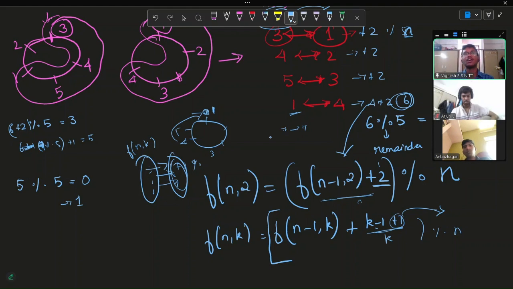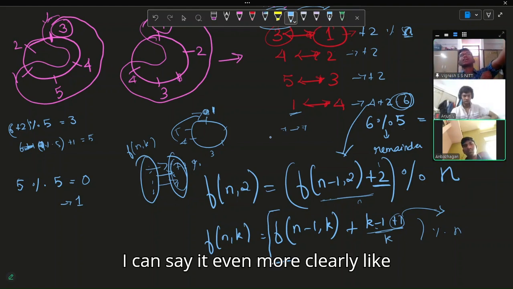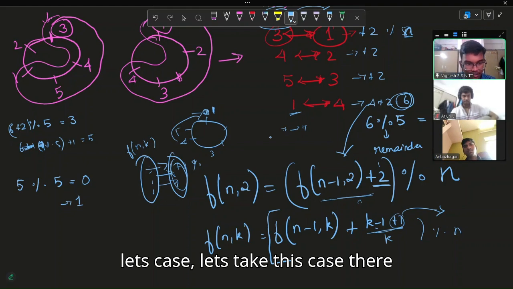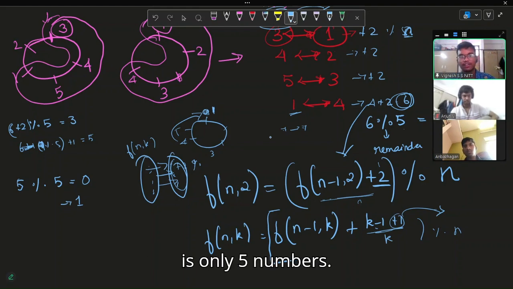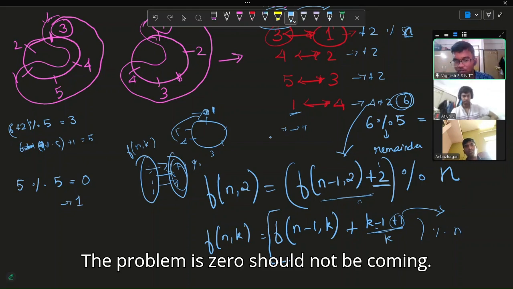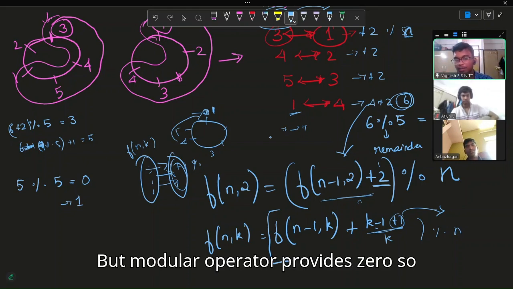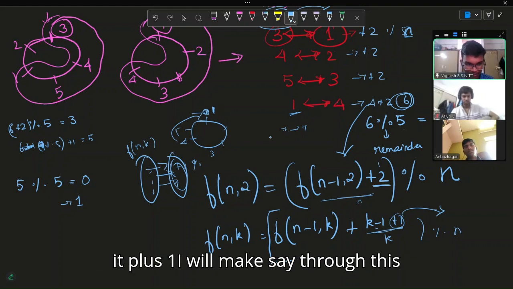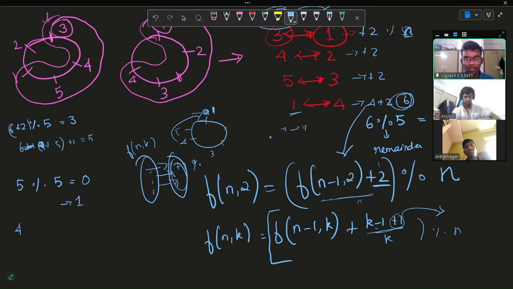I can say it even more clearly. Let's take this case. There are only 5 numbers. The problem is 0 shouldn't be coming, but the modulo operator provides 0, so we are going to make it plus 1. I will show it through this one.